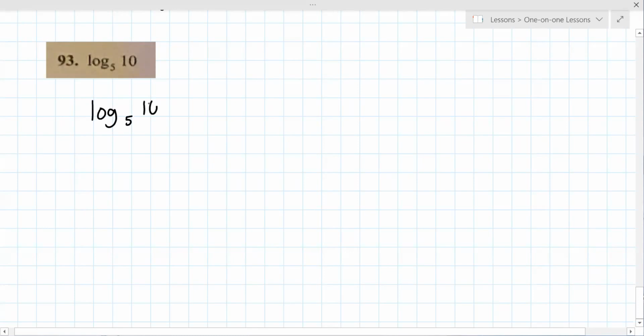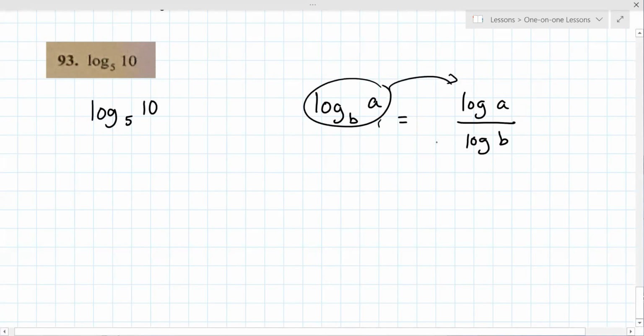So there's a property that says if you have log base b of a, we'll call it a here, this becomes log a divided by log b. So one log becomes two logs. So this problem here on the left is log 10 over log 5. And you might think, well, this isn't any better.